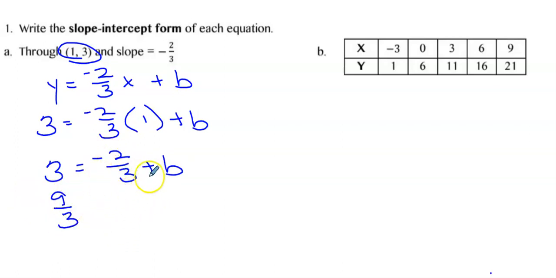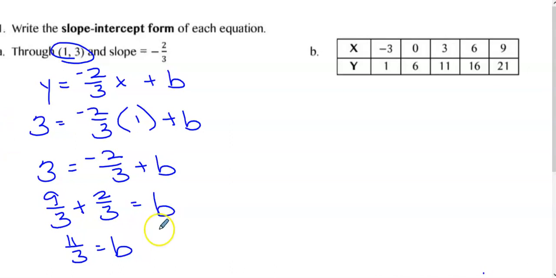Then if I add 2/3 on both sides, I get 9/3 plus 2/3 equals b. So that's 11/3 equals b. So now I have all the parts that I need. I could just plug in 11/3 right here, so just rewrite the original equation: y equals negative 2/3 x plus 11/3.